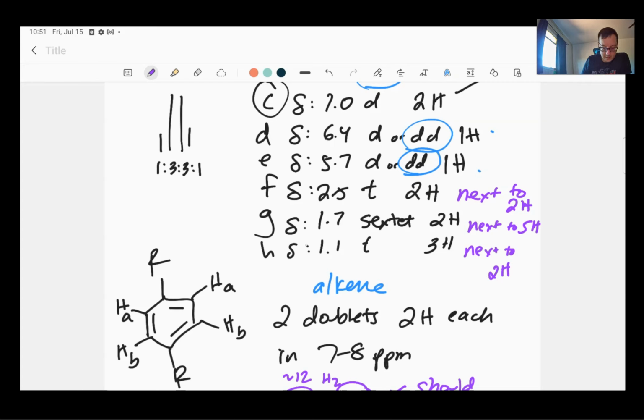Why don't we take a look at this one? This will probably be the easiest one to analyze. H here is a triplet at about 1.1 with 3 hydrogens. What does that usually indicate? Or what might fit that kind of data?